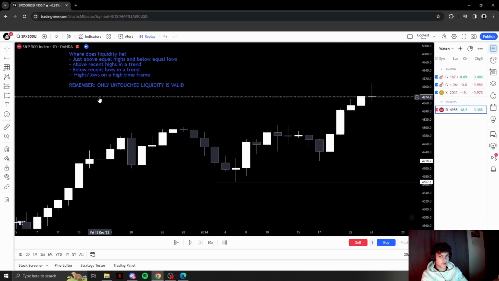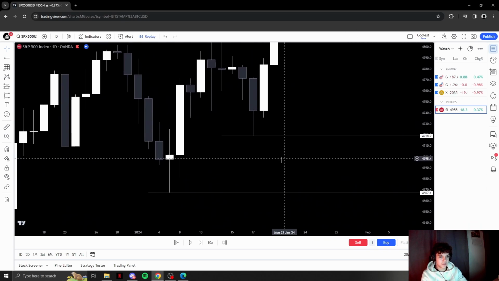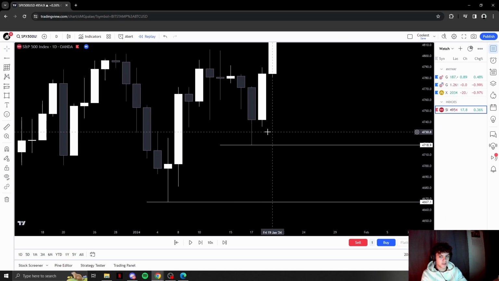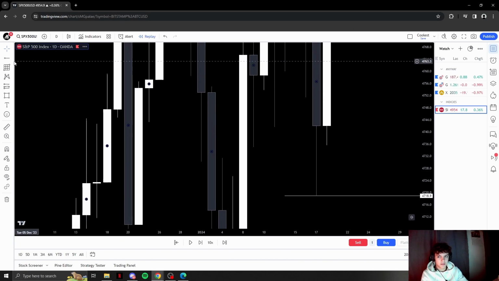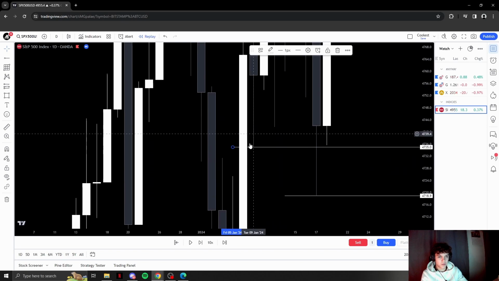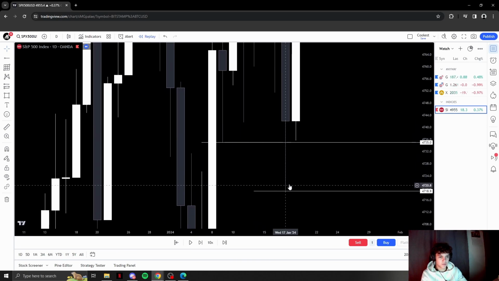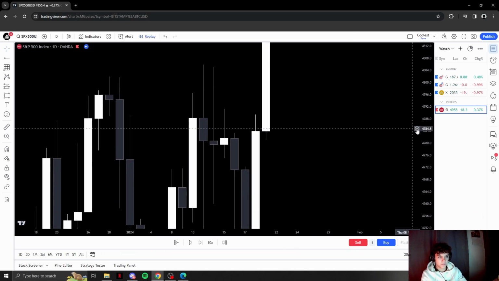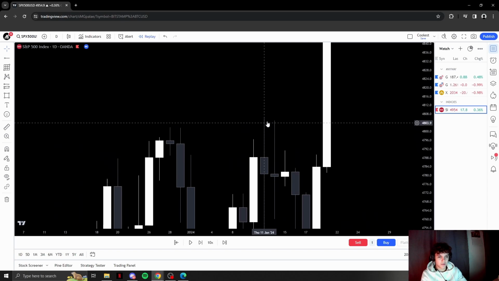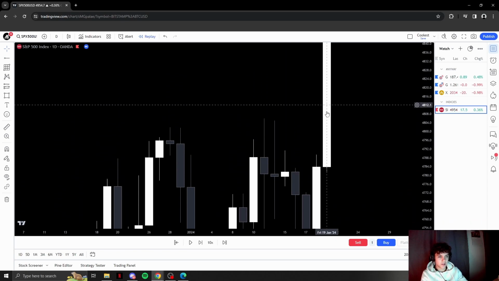But yeah, remember that only untouched liquidity is valid. For example, this is valid, this is valid, it hasn't been touched. This is not valid. This liquidity right here, this low, is not valid because it got swept, and as you can see, it continues up. This is also not valid because it already has been violated.